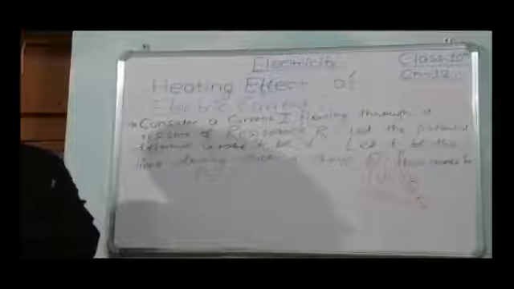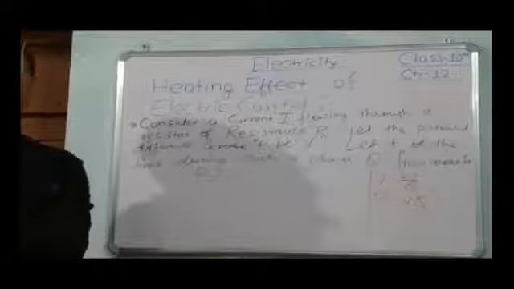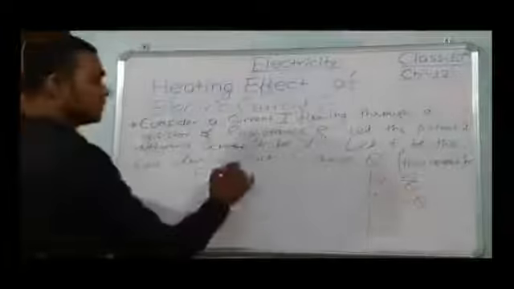Any electric appliance gives power as an output when it takes electric current. Power is equal to W upon T. Work done per unit of time is said to be its power.